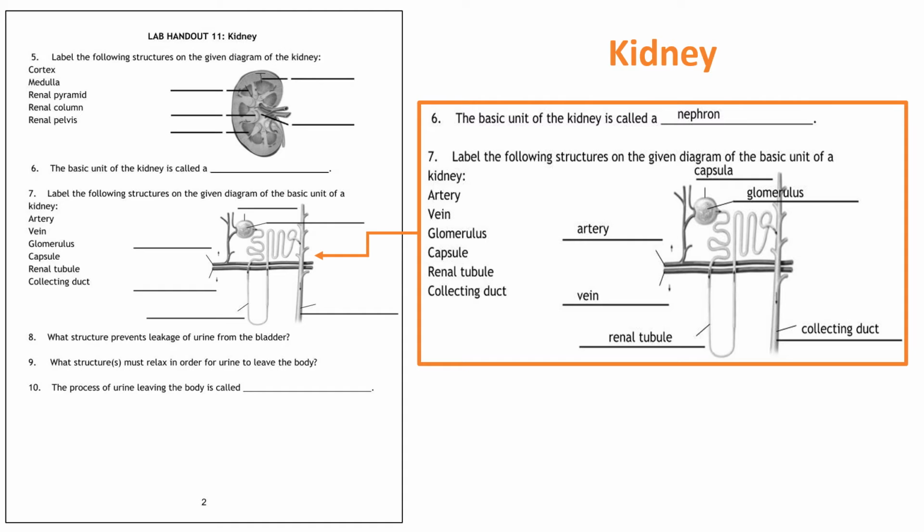To the left, two stick-like structures. The first is artery and then vein. Then we have a tube that has different shapes at the bottom, renal tubule. Then on the right side, we have a tree, looks like with no branches, and that is the collecting duct.